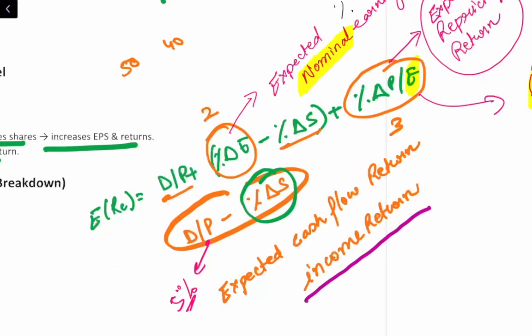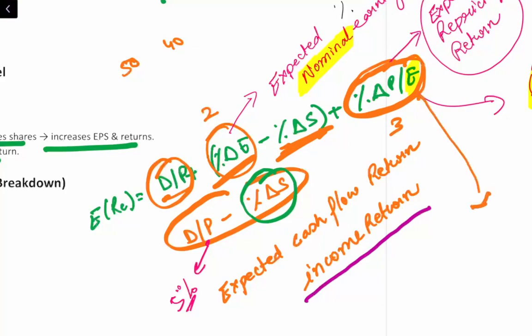Now over here, a few things are easy to identify, like dividend yield is okay, expected nominal earnings growth is okay, share repurchase you can understand from the management's commentary. But this is something very difficult to estimate, that is, how much there will be growth in the PE ratio. Clear?